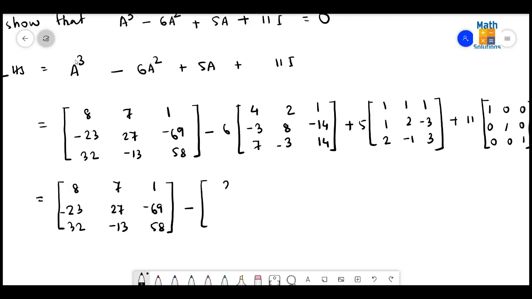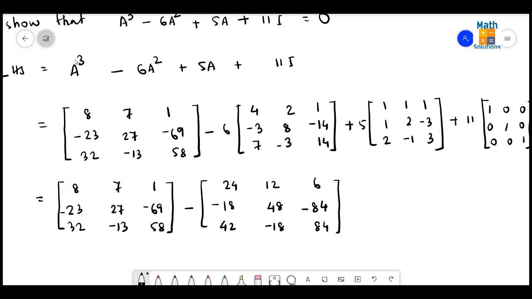Here I get 24, 12, 6, then minus 18, then 48, then 84, minus 84, then 42, minus 18, then 84. These are the results I got.